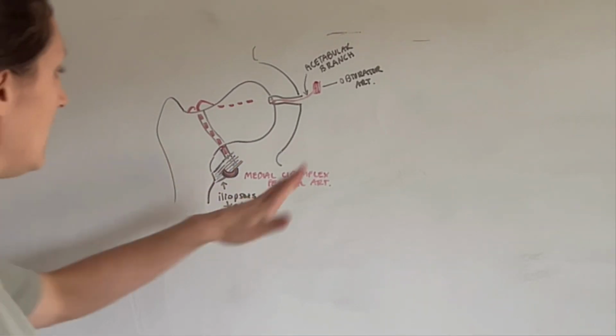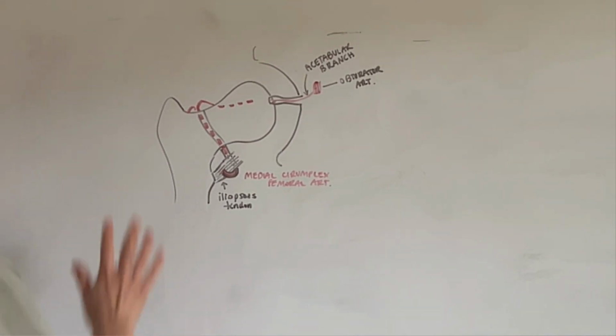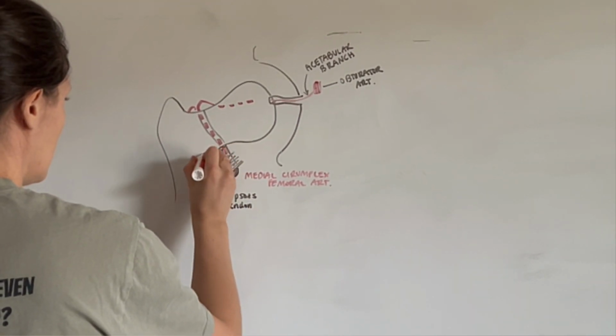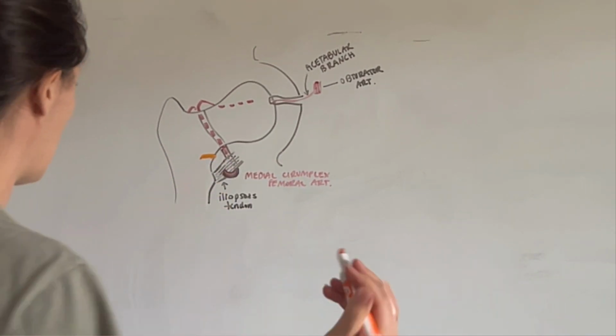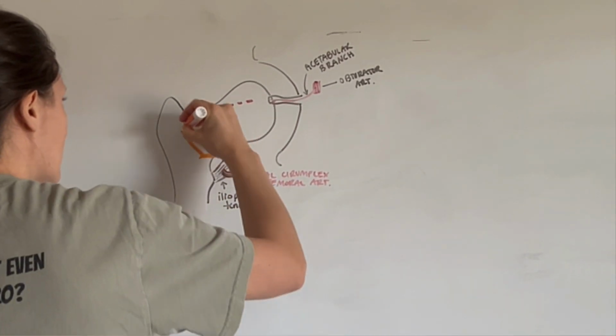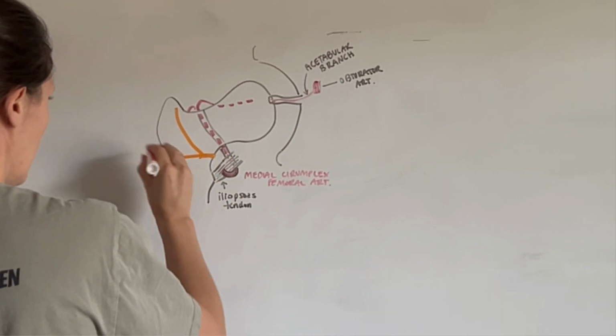So if medial circumflex femoral is behind the femur head, posterior to it, where is lateral? Well, lateral is anterior. And lateral, I'm going to draw right in about here. Remember, it's anterior. They branched off the same artery originally. It's orange, lateral circumflex femoral, in this demonstration. It's going to have an ascending branch and a transverse branch, right?